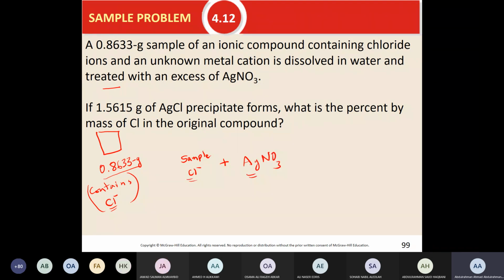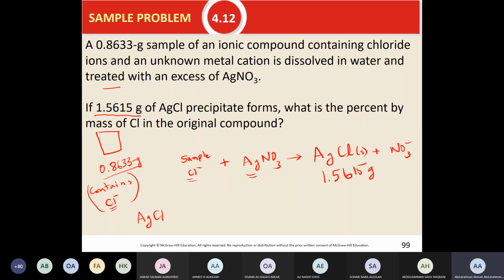Ag and Cl will precipitate to make AgCl as solid plus NO3 as ion. All right, now the mass of AgCl was 1.5615 gram.